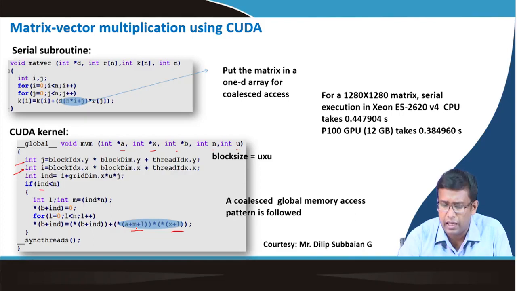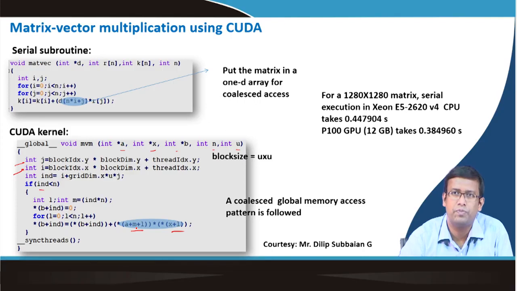We can see that for a 1280 matrix, the CPU takes 0.44 seconds and the GPU takes 0.38 seconds, and that's not a very high speed up. Why? Because the computation is small. 1280 by 1280 is a small matrix vector multiplication problem, and you are doing it only once, so the speed up is not substantial in this case.